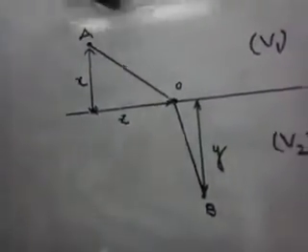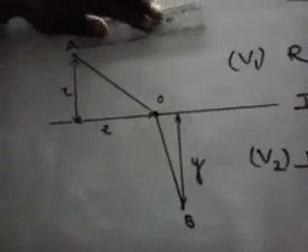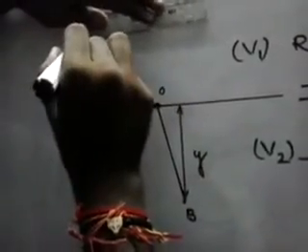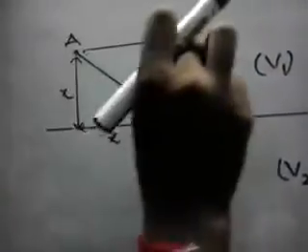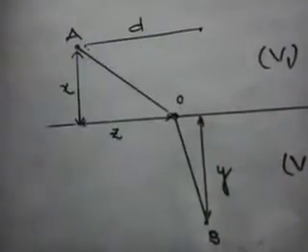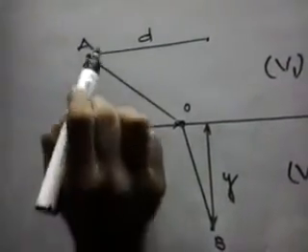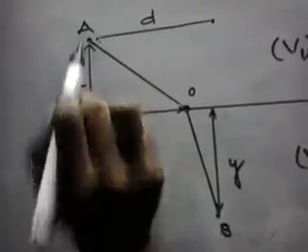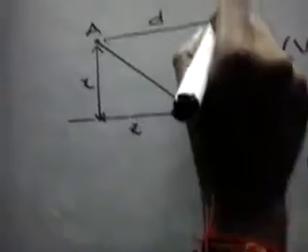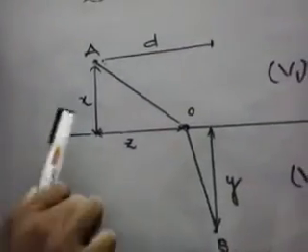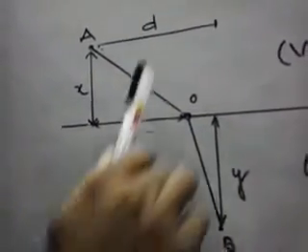Now we are going to assume another variable, d, the horizontal distance between A and B. See, this is A and this is B. The distance between them is assumed as d. x, y, z and d.